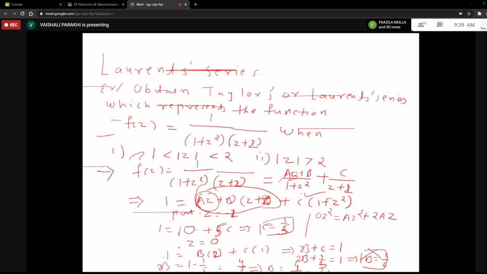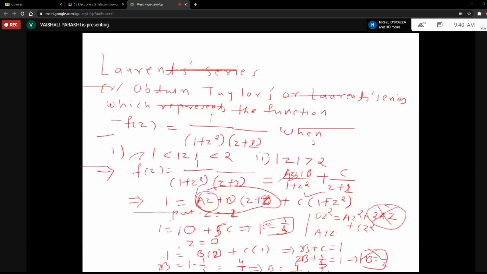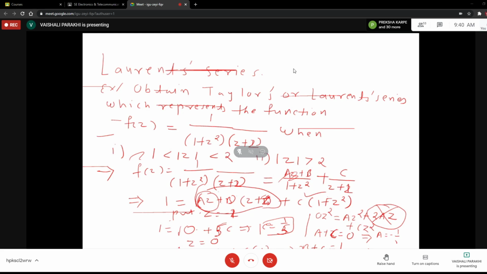We are interested in terms in z square, only the coefficient of z square. So one more term you are getting, C into z, terms in z square. Okay. So A plus C will be equal to 0. So A is equal to minus 1 by 5.